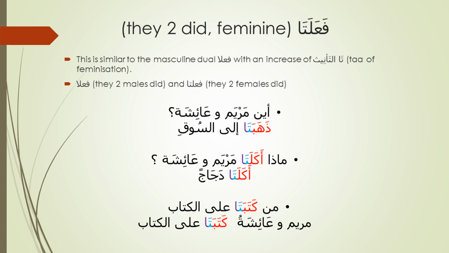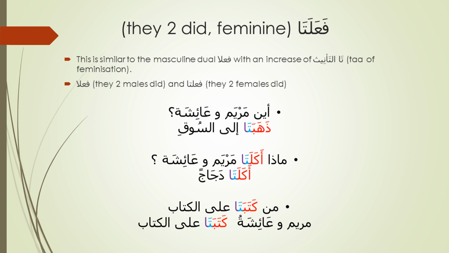I've removed the translation as well. You can tell the meaning. So now we have dhahaba, to go. The ta in blue indicates? No, not dual. Feminine, yes. It makes it feminine, and then the alif at the end makes it dual. Dhahaba plus the ta and the alif. On the scale, fa'alata.